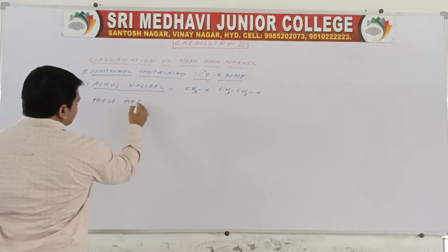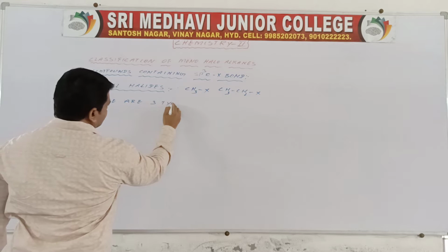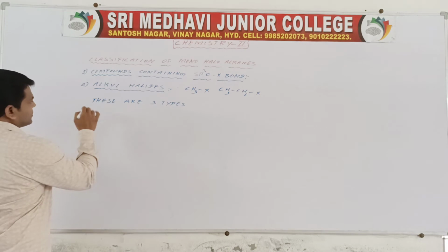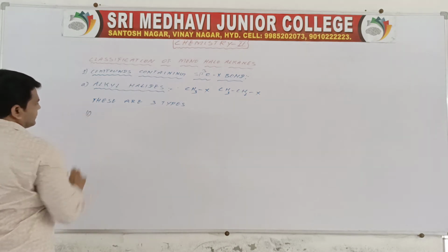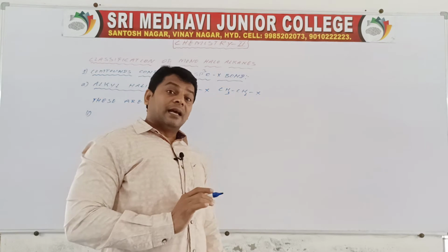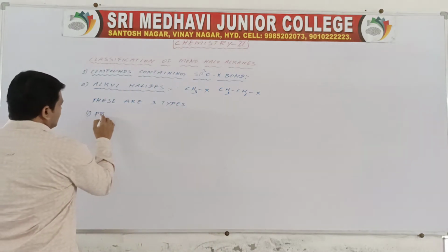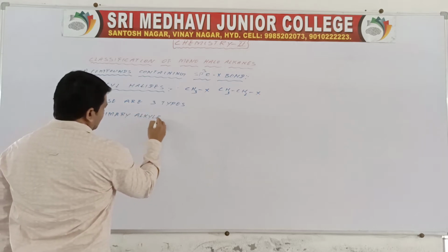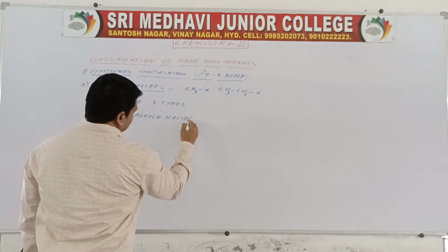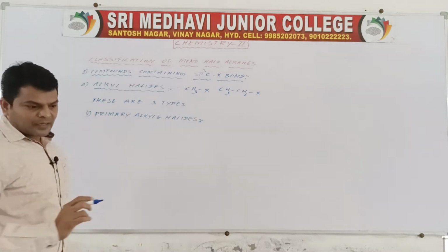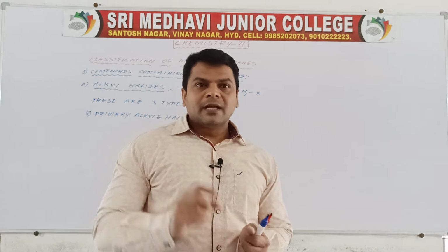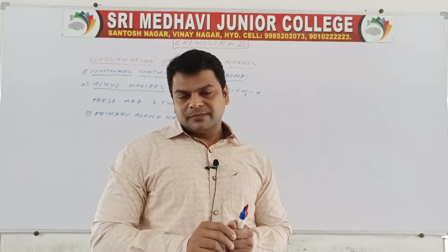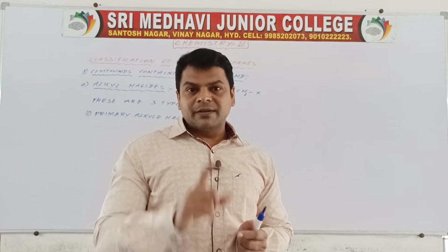The first one is primary alkyl halides. Primary alkyl halides means the halogen-attached carbon having one alkyl group.